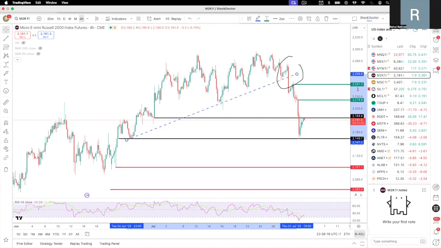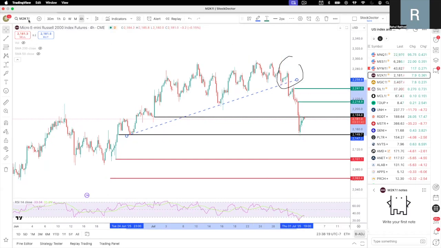Let me adjust the chart here. It is trading at a very important point, 2185. If it stays above 2185, then there is a possibility of 2215 and 2240. If it breaks below 2150, then definitely 2101 and 2065. These are the two targets.